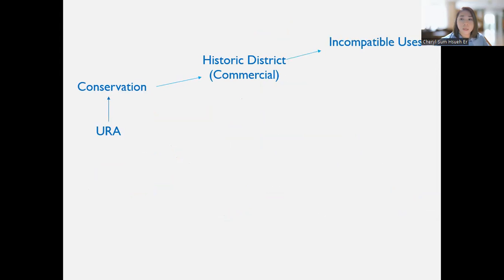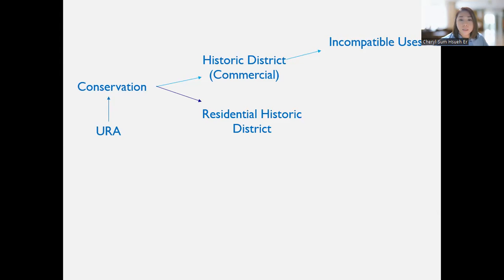Here are some of these incompatible uses which we need to be mindful of, such as you will not be able to rent a shop house in Chinatown to run your pub business, or maybe a Western fast food restaurant, because Chinatown is what we call a historic core district. Then here comes our residential historic district, which are places such as Emerald Hill, etc. These 2 are the main points that I think would be important for the part on conservation.